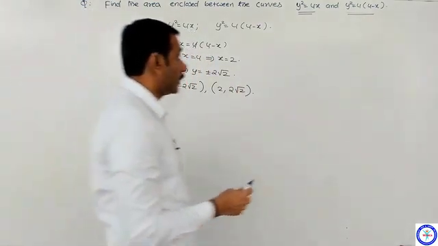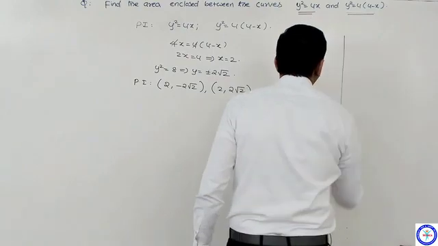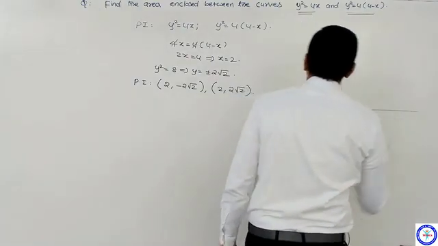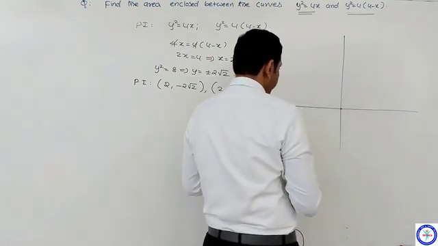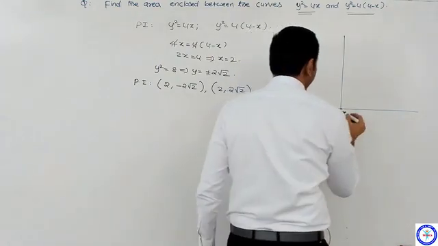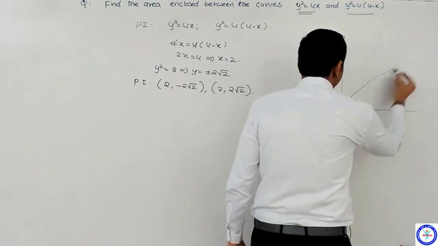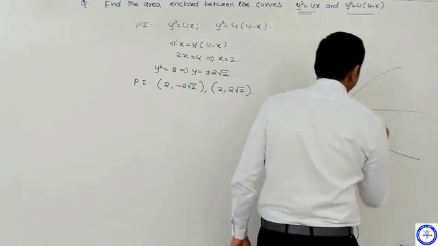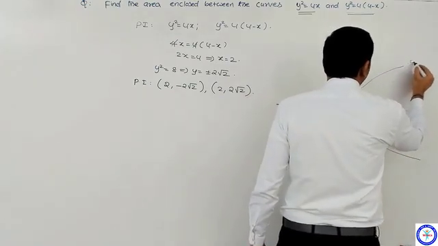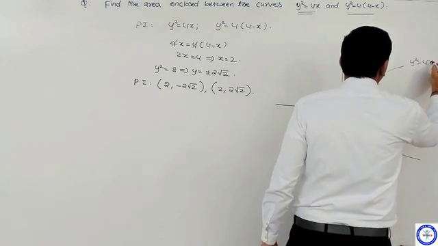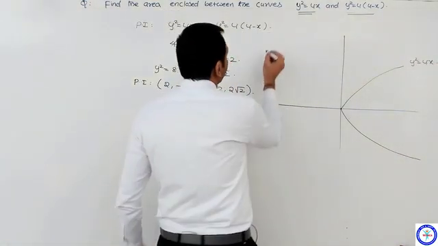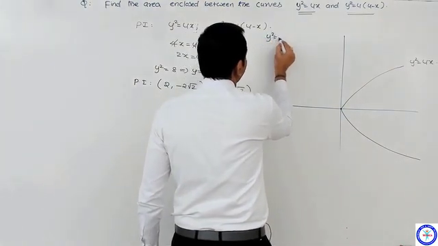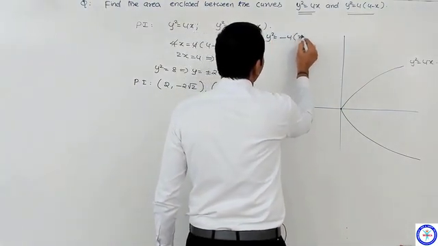Now, let us draw the diagram. First parabola y square equal to 4x with vertex at 0, 0, open rightwards. It is the parabola whose equation is y square equal to 4x. And see the second one, y square is equal to minus 4 into x minus 4.